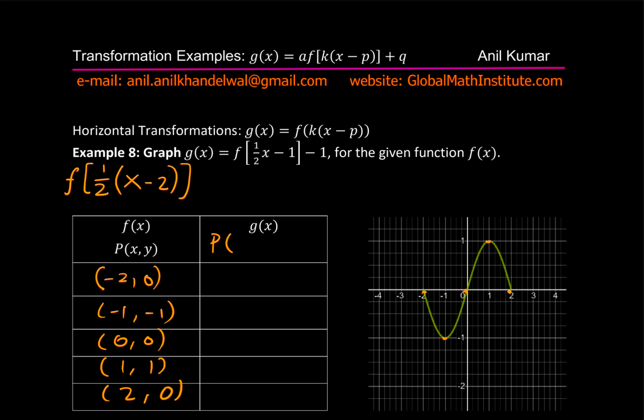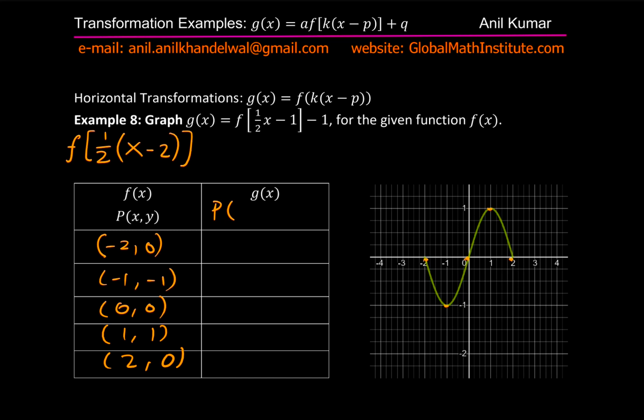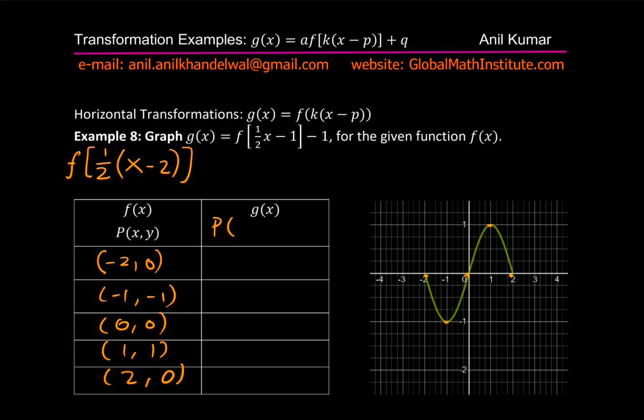So now you see horizontally translated 2 units to the right, not 1, right? So that is kind of important to understand. So we have minus 1 outside. So the points will now get transformed. The x values will get multiplied by 2, right? And then add 2. The y values subtract 1. So we got y minus 1. That becomes the transformed point.